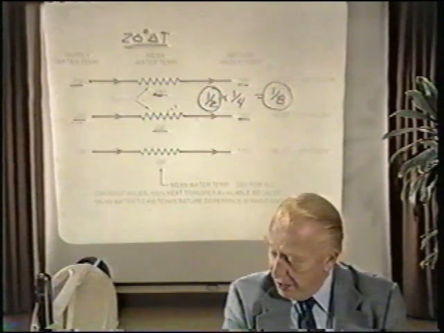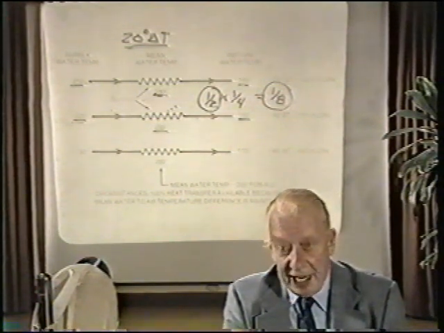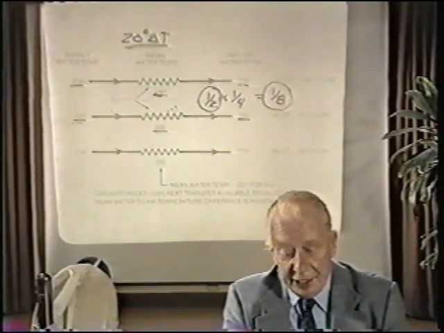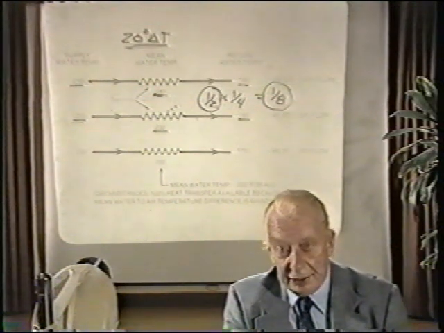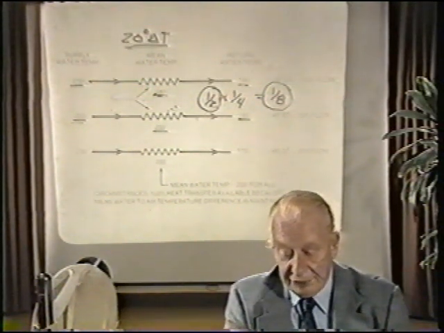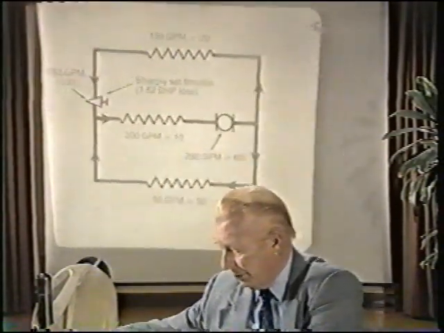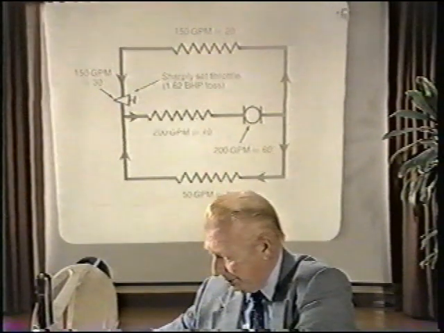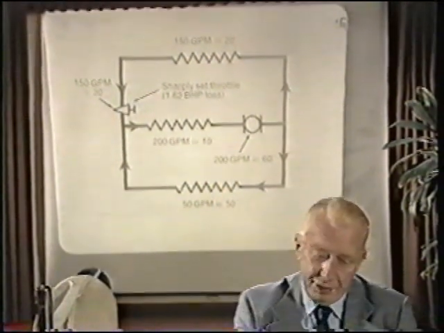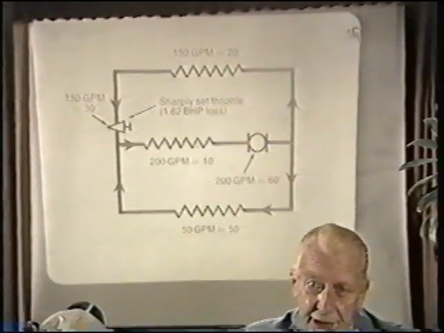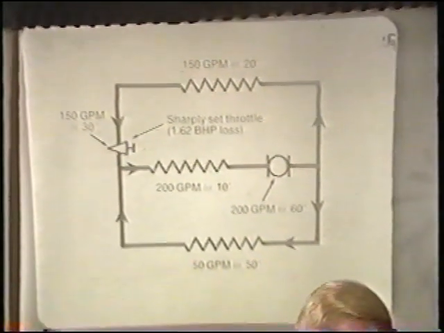Let's then consider another aspect as originally described in the reprint available to you, and that has to do with zone pumping. Zone pumping has high potential in terms of pump energy saving.